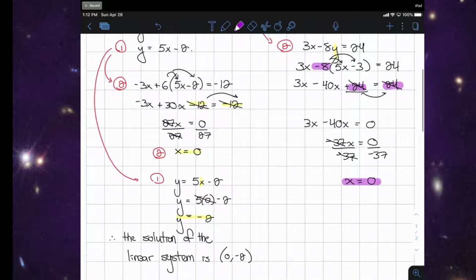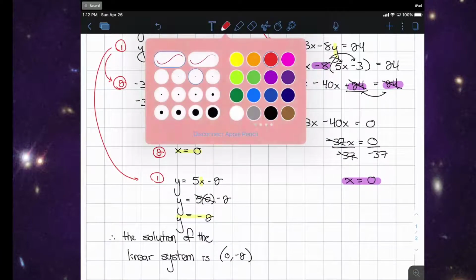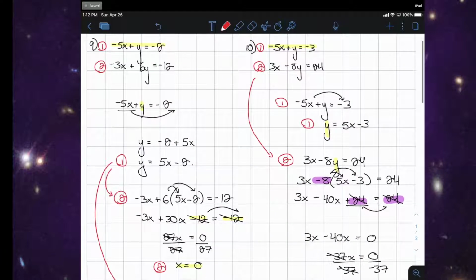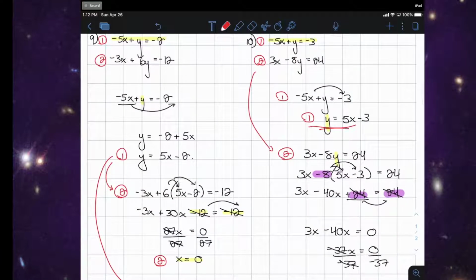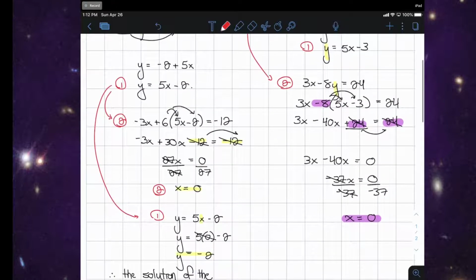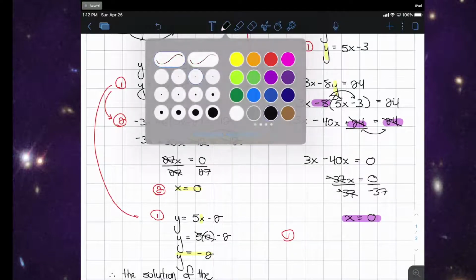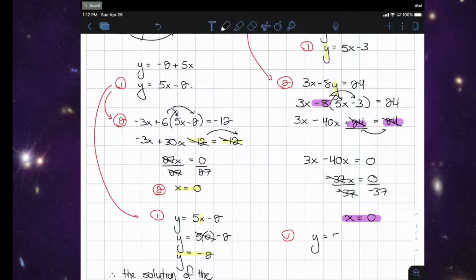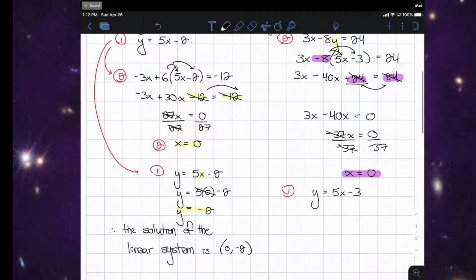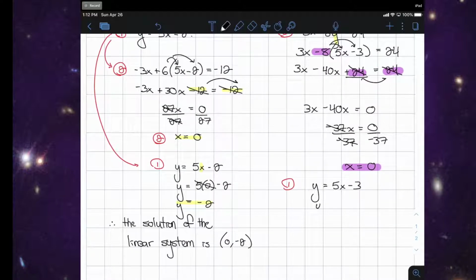Now, I can go back and substitute back into my y equation here, right? So the equation that I developed from equation 1 for y. So from equation 1, I get y is equal to, oops, let me switch back to black ink here. y is equal to 5x minus 3. And I'm going to substitute in x is equal to 0. So y is equal to 5 times 0, that's gone, minus 3.